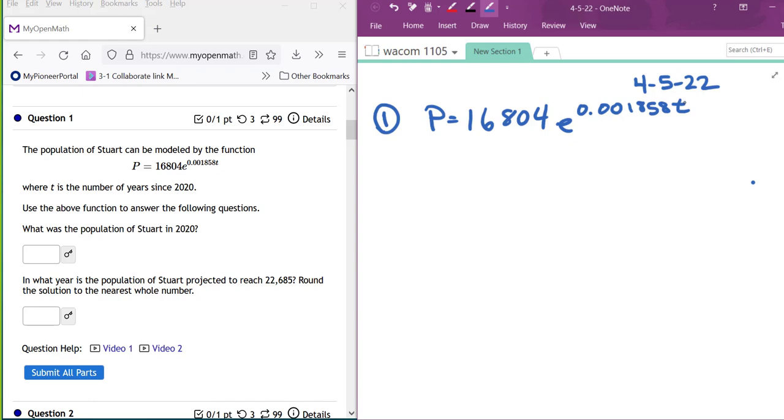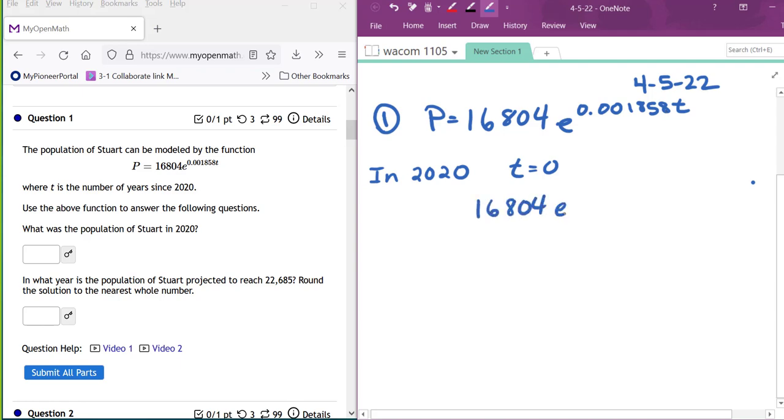If they are asking us what is the population of Stewart in 2020, then that means t is 0 because of how it's defined originally. So if t is 0, it makes multiplying times this 0, and you get e to the 0. Well, e to the 0 is 1, and so our answer is 16804.